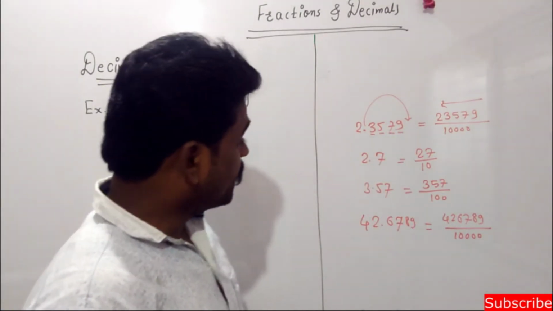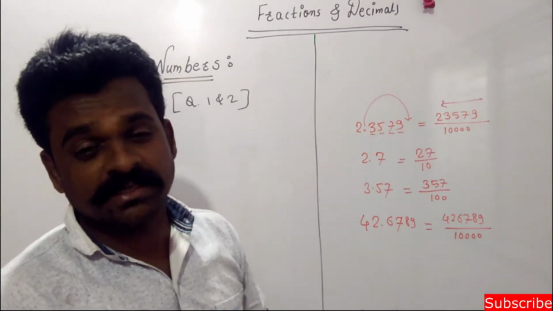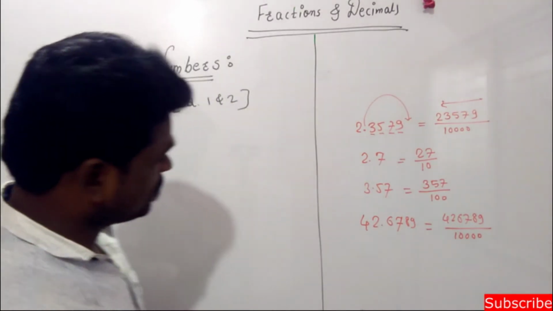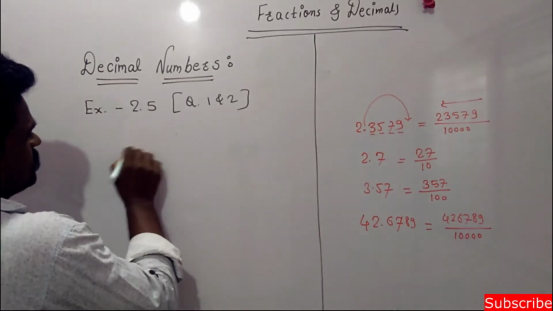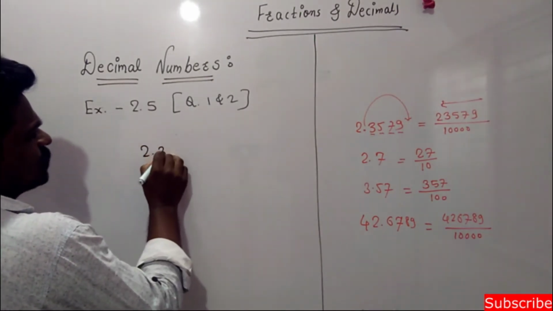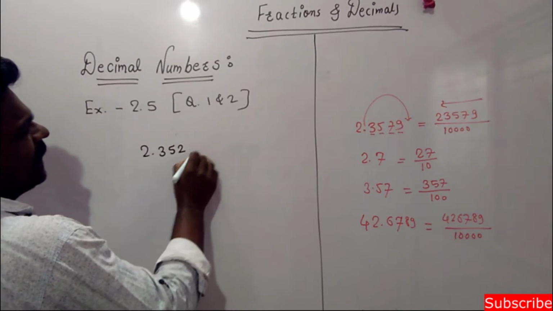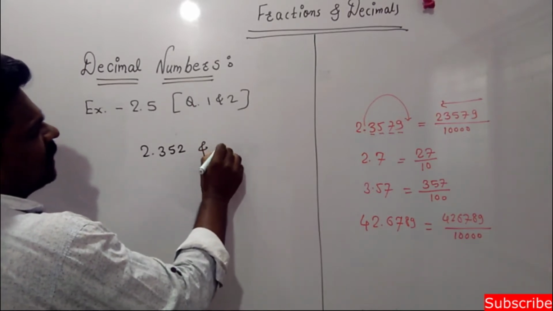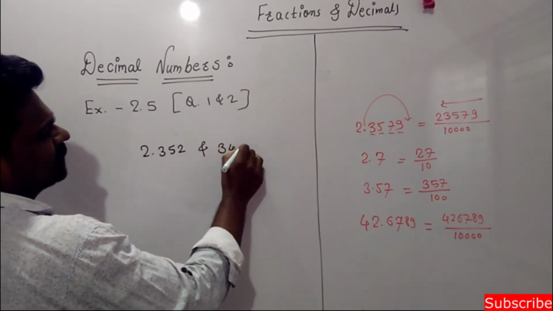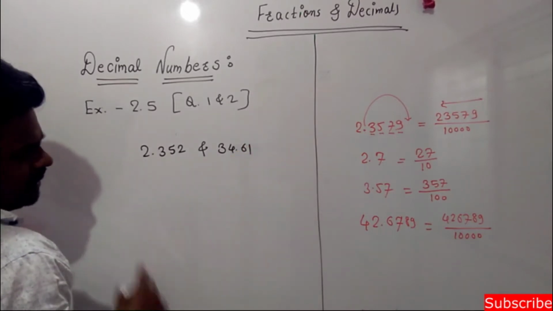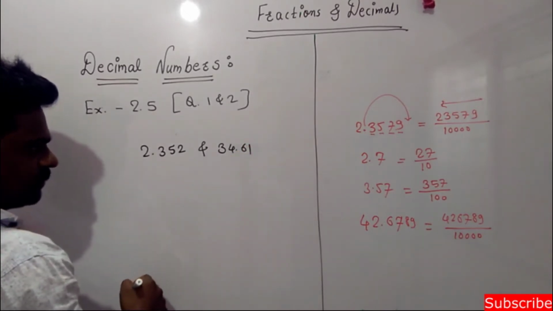Also we have seen addition and subtraction of decimal numbers. Under that, suppose your first number is 2.352 and the second number is 34.61, and we need to add them together.